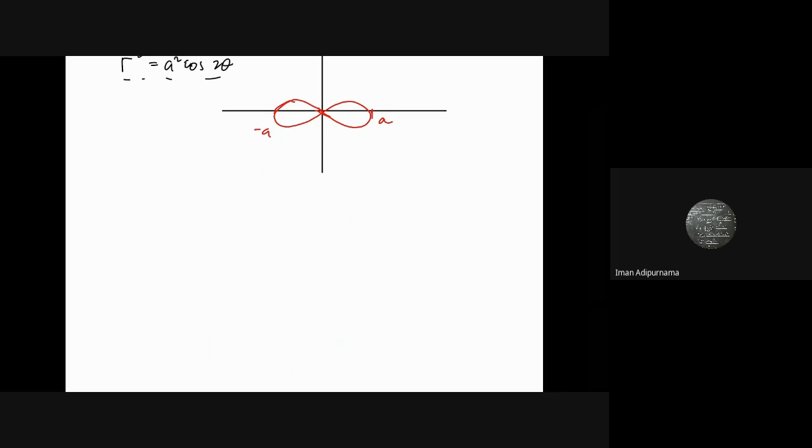There are only 2 cases for lemniscate. This is how the equations look. It should be like an infinity loop, and this should be A, and this should be negative A. Okay, and the other one is with the sine.